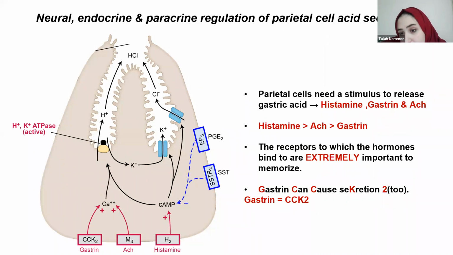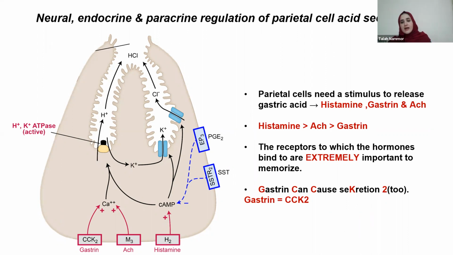Wait, how would HCl be produced if Cl is not being released? Exactly. Cl minus is not released. So basically, that's why gastrin alone cannot bring about the production of HCl like histamine. This is what I was trying to go over in the beginning. That's why histamine is the strongest.